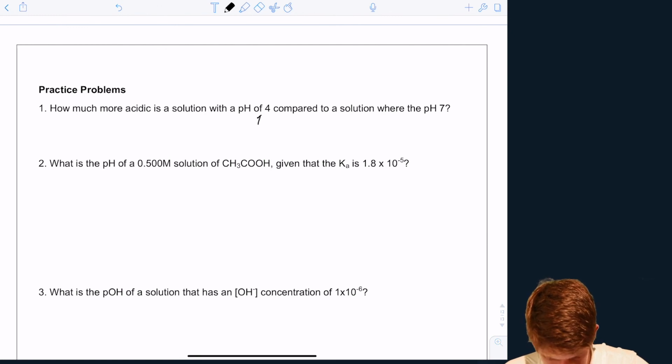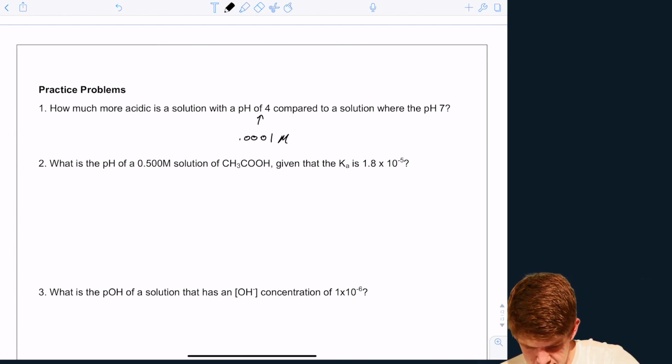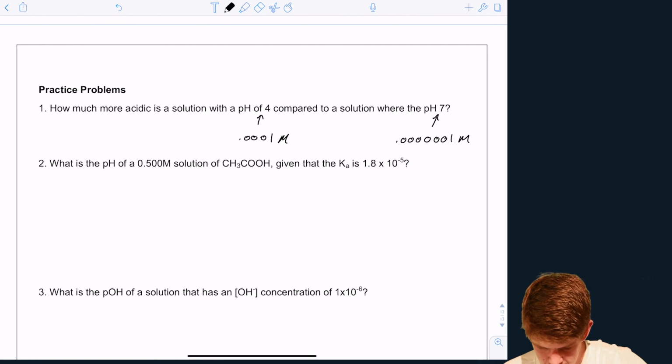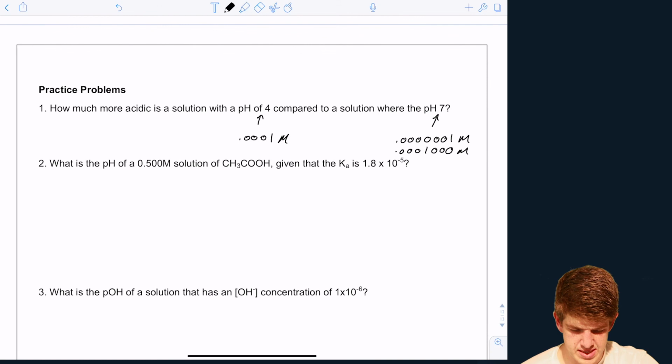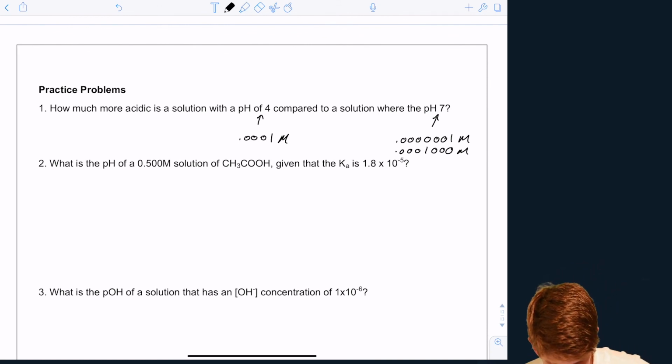For a pH of 4, that would be a concentration of 10 to the negative 4 moles per liter, so 0.0001 moles per liter, while a pH of 7 is 0.0000001 moles per liter. So if I just compare these two numbers, I can see that a pH of 4 is 1,000 times more acidic than a solution with a pH of 7.